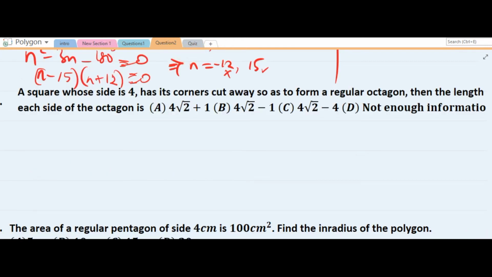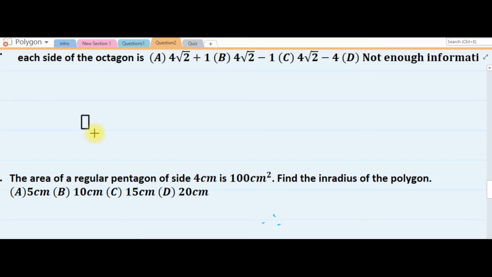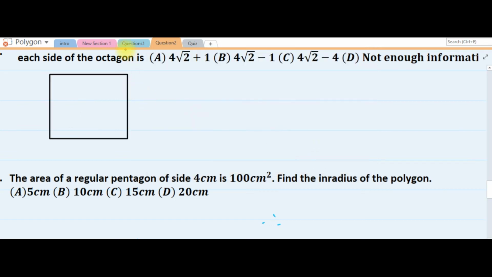So first, let's draw the square. So this is my square. So they say they cut off equal amounts to form a regular octagon. Octagon is an 8-sided polygon.